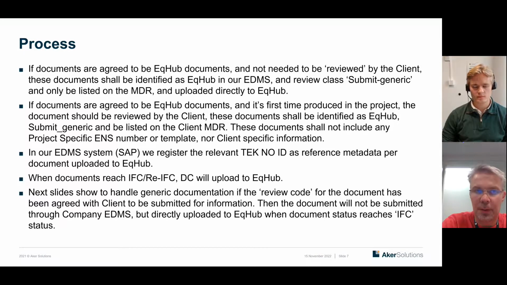During the process of establishing what we call a master document list, which is the plan for all documentation to be delivered for a project, we send a list of documents on the MDL, and we state that some of these documents are potentially reusable or generic. That means that we identify these documents on the MDL the first time, and they will have a review class named submit generic.